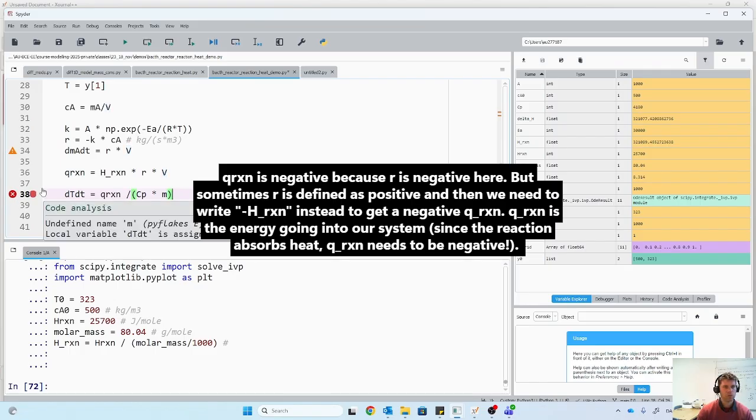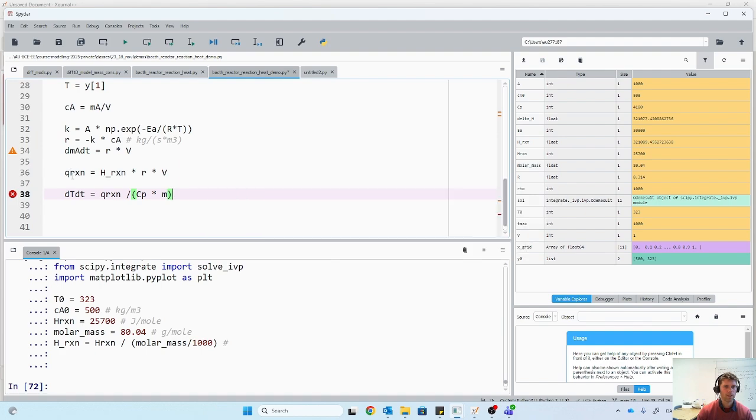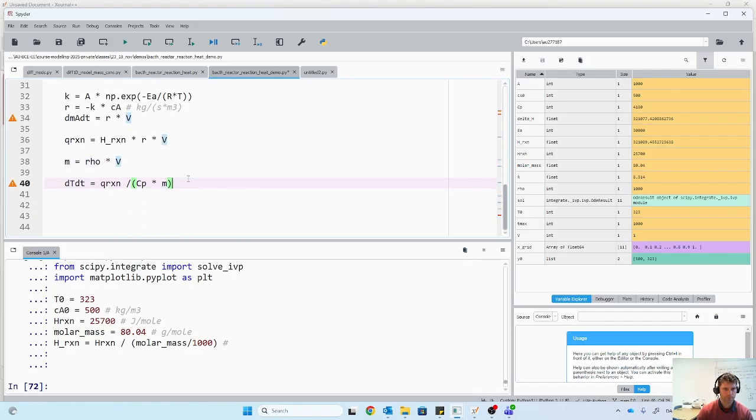Good. M is not defined, and we can calculate M. That is the mass of the system. That is equal to the density of water times the volume. And now we have the two state variable derivatives here, dmA/dt and dT/dt.